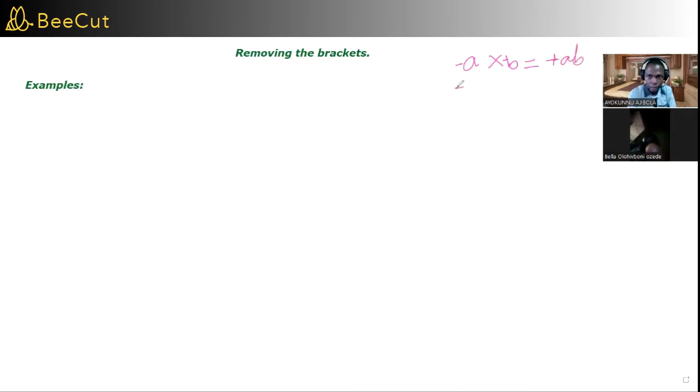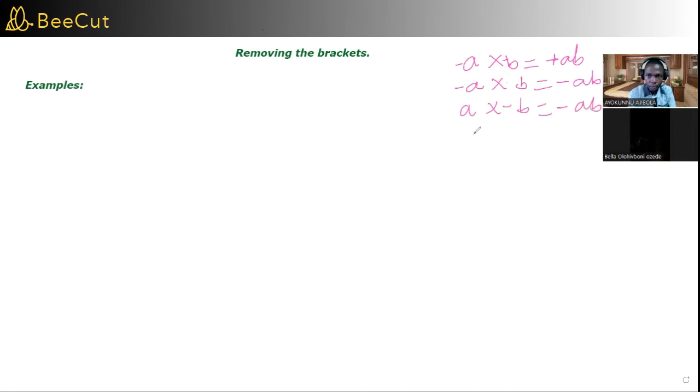And if A is negative and B is positive, your answer will be negative AB. And if A is positive, that means there's no sign there. If there's no sign there, it means it's positive, and this positive sign I'm supposed to remove. Negative A times B means negative A times positive B. Positive A times negative B is going to give us the same thing as negative AB.